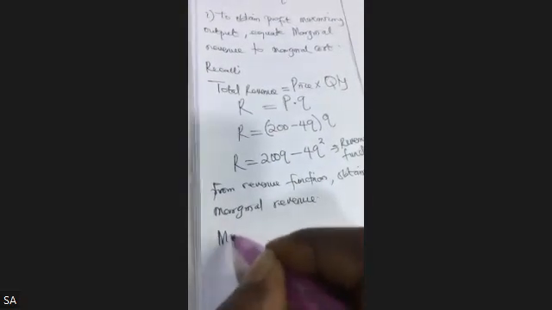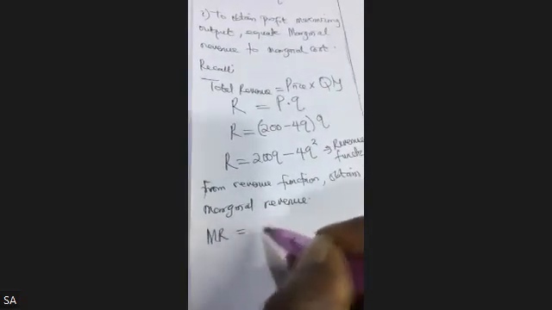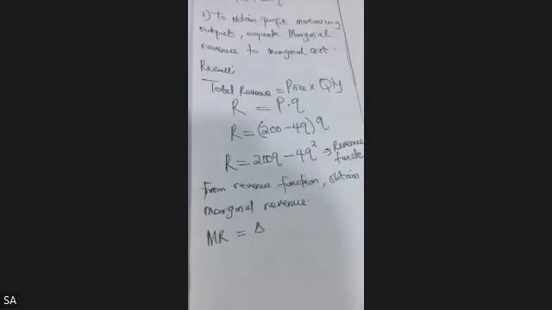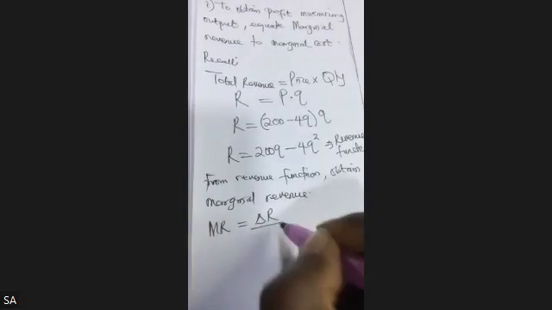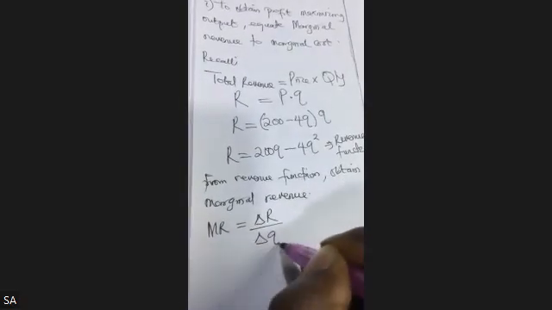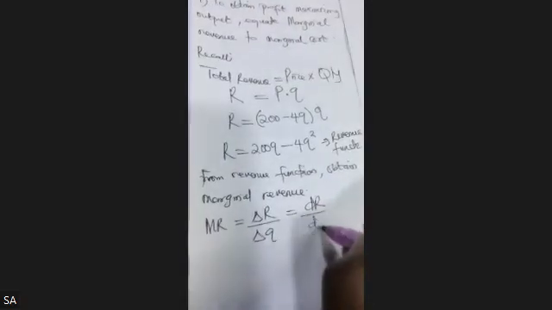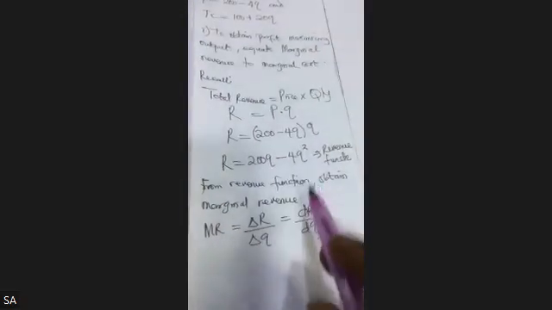How do you obtain marginal revenue? Marginal revenue is the change in total revenue with respect to change in Q, which is the same as dR over dQ. Meaning you have to differentiate this function with respect to Q.